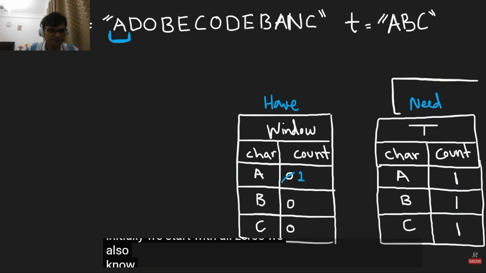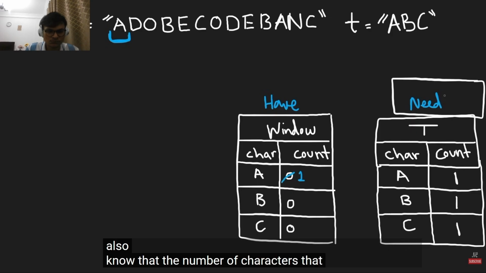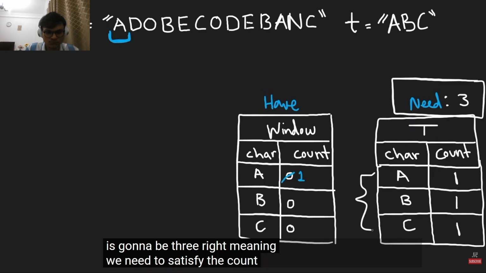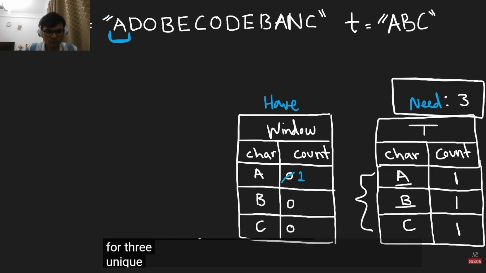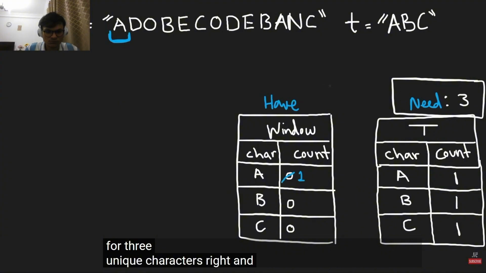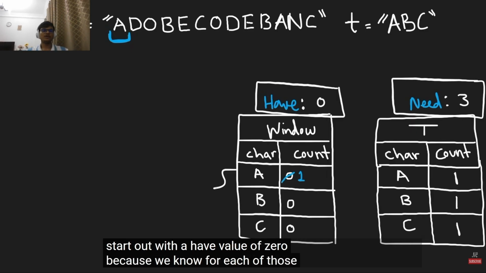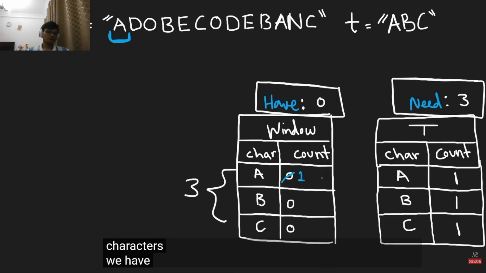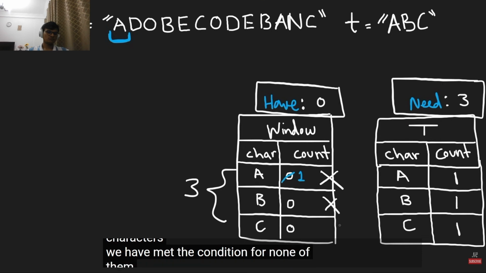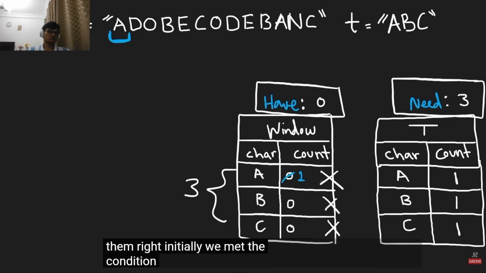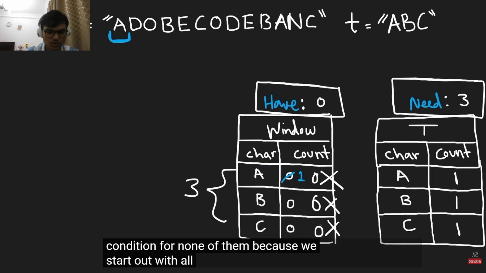We also know that the number of characters that we need is going to be 3, meaning we need to satisfy the count condition for 3 unique characters, right? And we start out with a have value of 0, because for each of those 3 characters, we have met the condition for none of them, since we start out with all zeros.